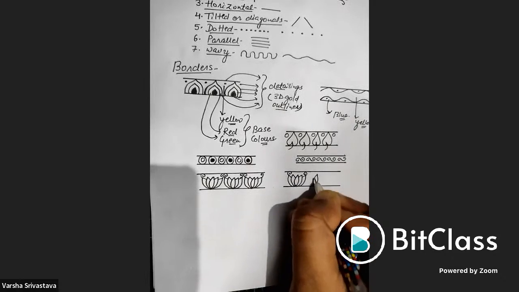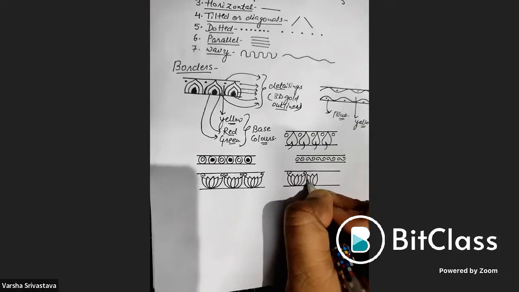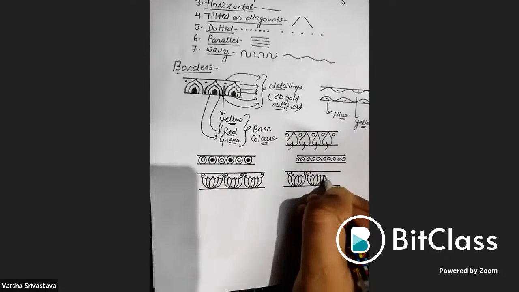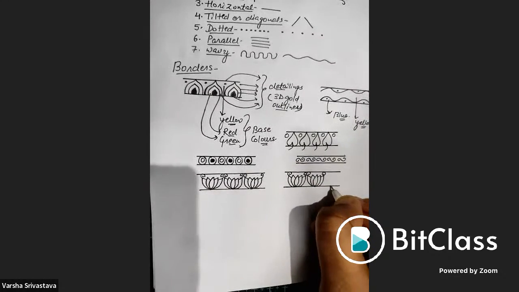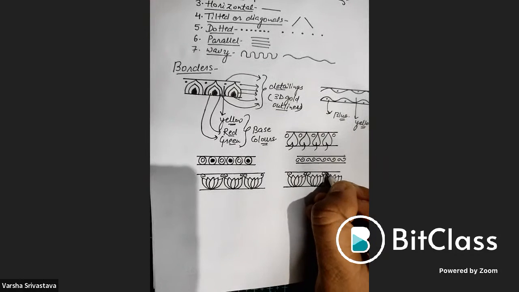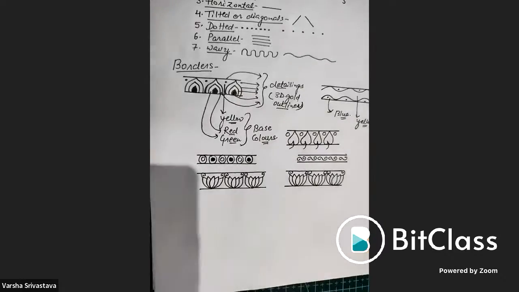Again, the petal, two petals each side, and then the spirals. Again, one petal, two petals each side, and then the spirals like this.